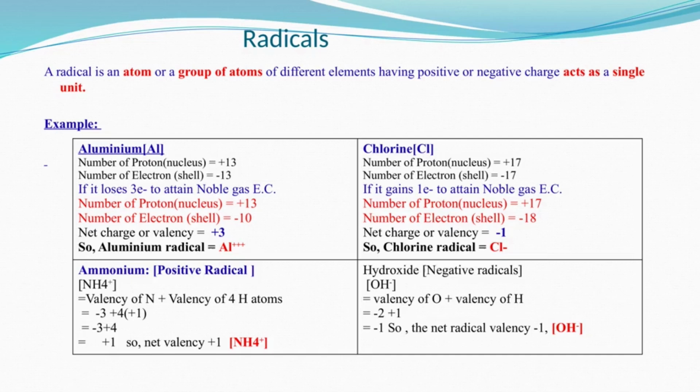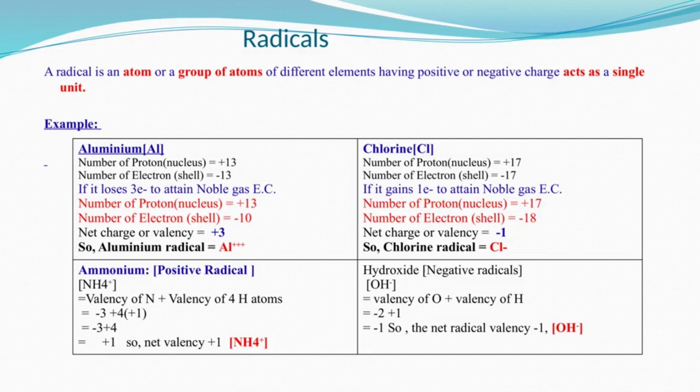The number of protons in the nucleus will remain plus 17, whereas the number of electrons will increase to minus 18. As a whole, you will get a net charge or valency of minus 1, and the chlorine radical will be shown as Cl minus. Is it clear? That is for the simple radical.